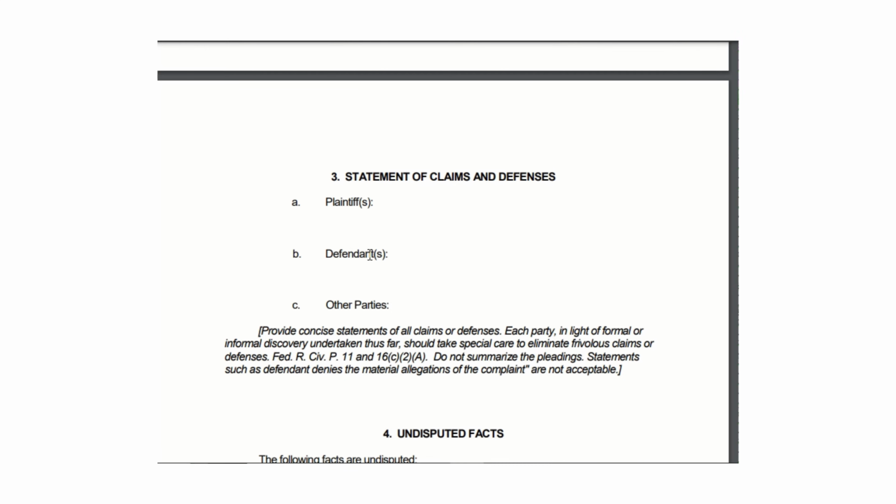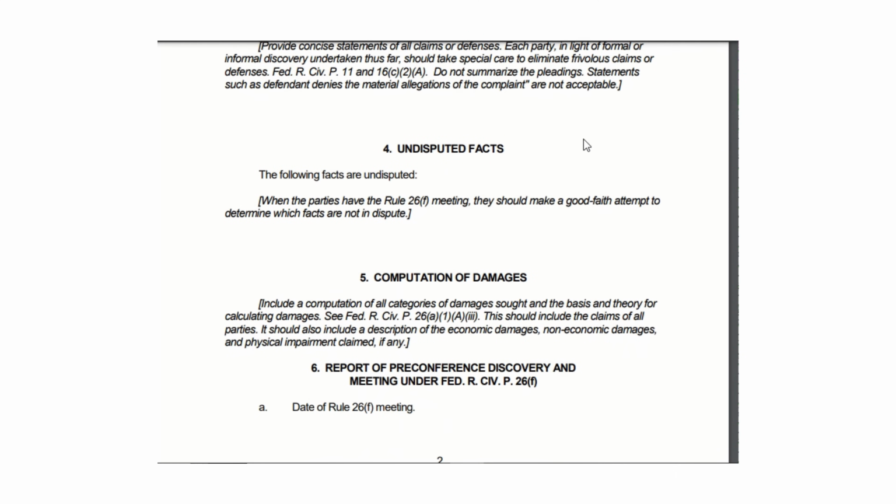Both the plaintiffs and defendants would need to include this information. Undisputed facts. If the parties have facts that are not disputed, those facts would be included here. Computation of damages. That should be easy for a plaintiff who has, let's say, sued for employment discrimination, and as a result, they incurred lost income and some other damages. That should be easily calculable.